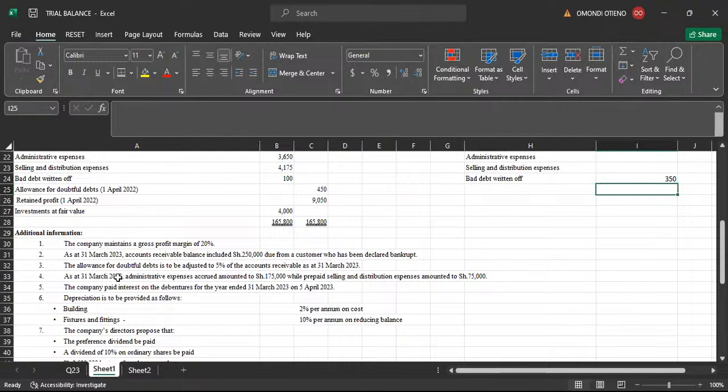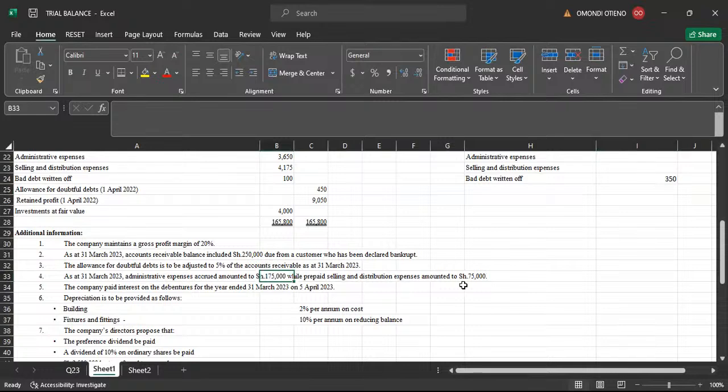As at 31st of March 2023, administrative expenses accrued amounted to 175,000. So accruals, how are we going to treat the accruals? Administrative expenses have been accrued. The current year administrative expenses is 3650, but then there was some amount which was not paid in the previous year.